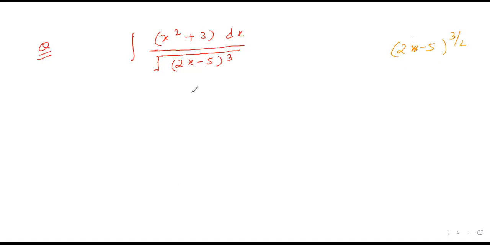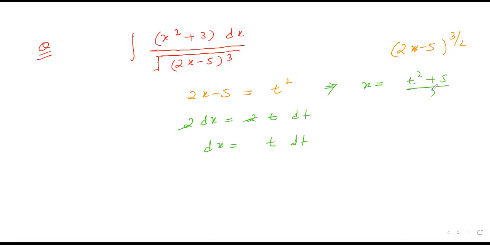So for that, what you have to do, you have to substitute 2x minus 5 as t square, right? Now you can write 2 into dx equal to 2t dt. So basically you can write dx as t dt. Now you have to calculate x in terms of t, which is (t square plus 5) divided by 2.